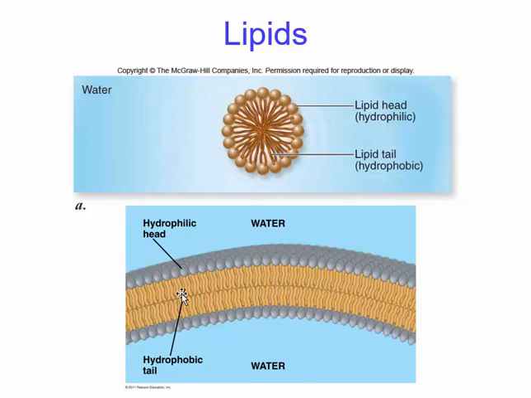The heads are on the outside on either side of this, and the tails are oriented away from water on the inside. And this is the basis of cell membranes. How this works is through a process called hydrophobic exclusion. So the heads are interacting with water, the tails are being excluded. These tails are not really interacting with one another per se, it's just that they're being pushed away from water, and so they're stuck facing each other.